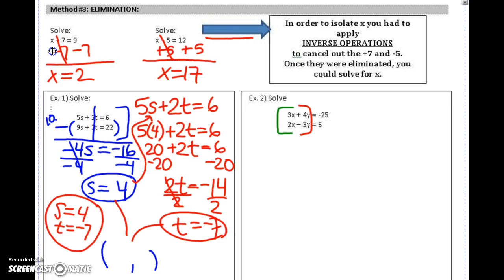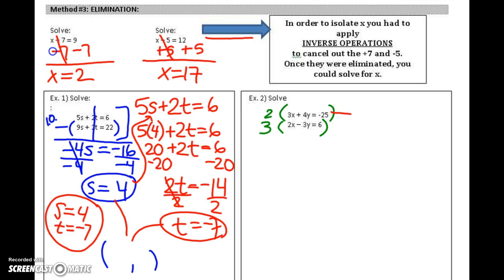And the bottom equation by 3, I'll get 6x also. Then I can subtract my two equations and completely cancel out the x's. So what I'm going to do is multiply the top equation by 2 and the bottom equation by 3.